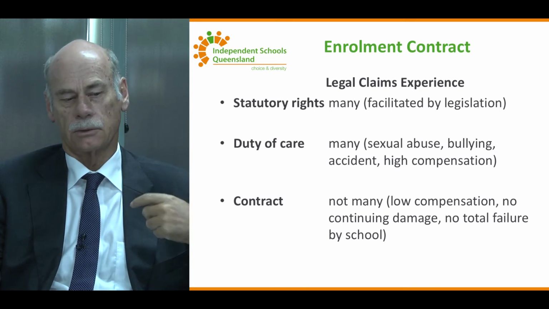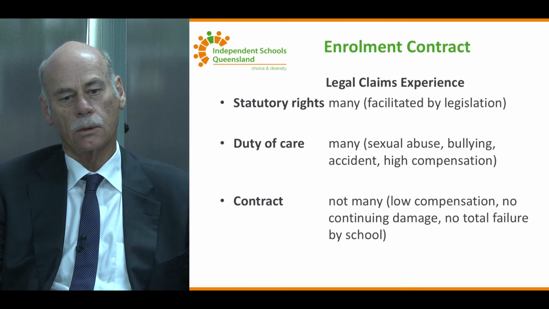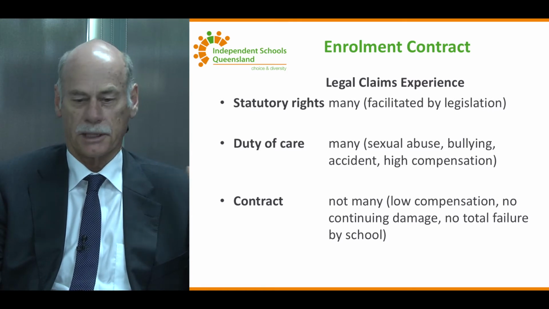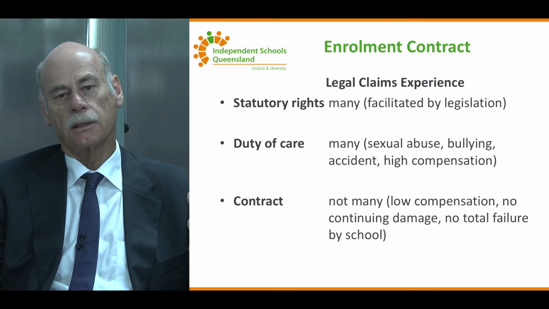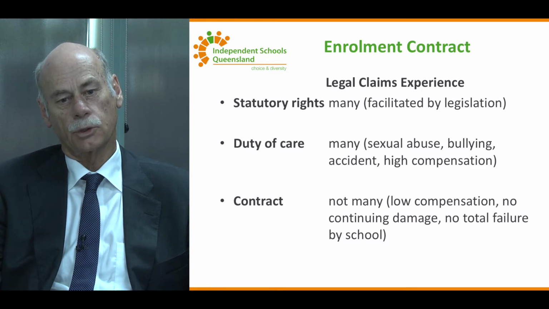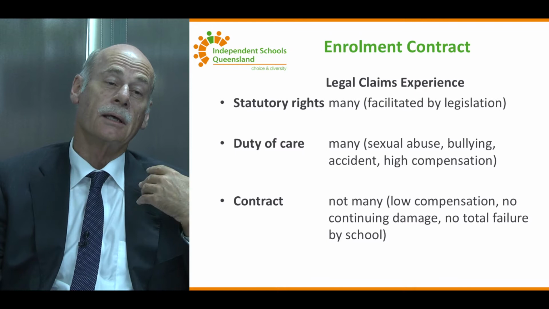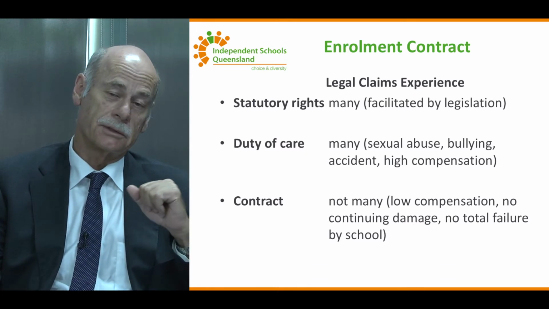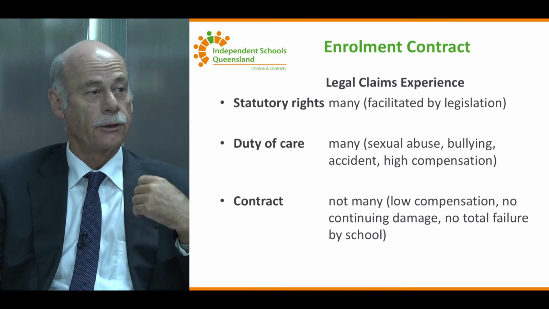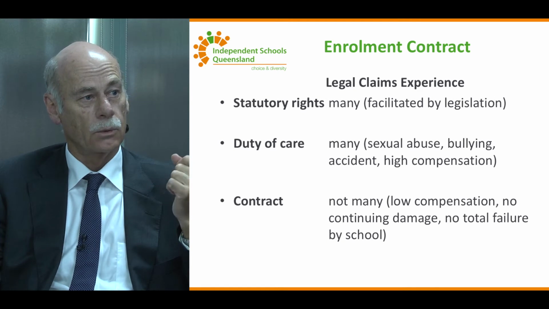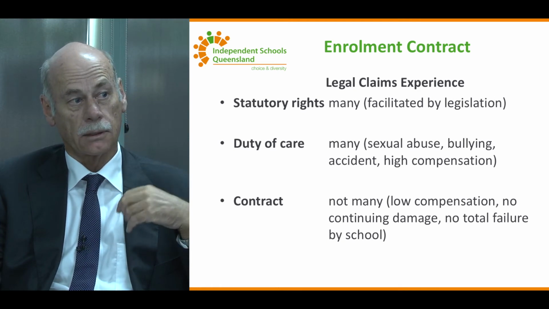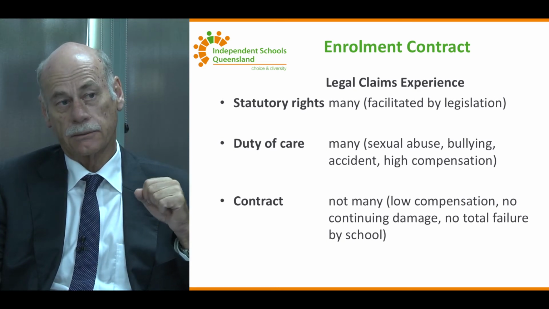So if somebody says you'll come out with a certificate 4 in cooking or something like that, and they come out with a certificate 5, they're more inclined to have a go at the tertiary institutions. To some extent, this reflects the trend in the home of all litigation, which is the United States, and you can expect that in the future there will be more rather than less of this kind of litigation.